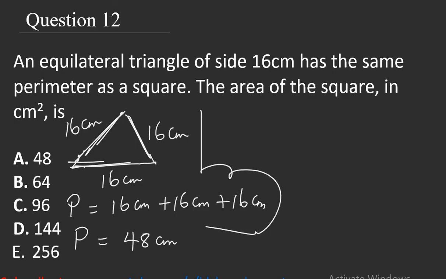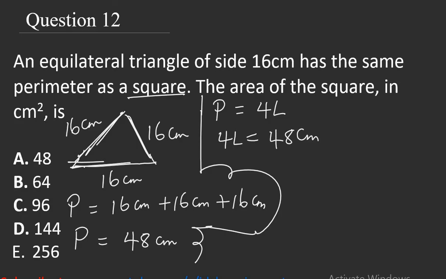We have the perimeter of the equilateral triangle now. The question says this equilateral triangle has the same perimeter as a square. The formula for calculating perimeter of a square is 4L. So 4L is equal to the same perimeter, which is 48 centimeters. To get L, divide both sides by 4. 4 cancels 4.